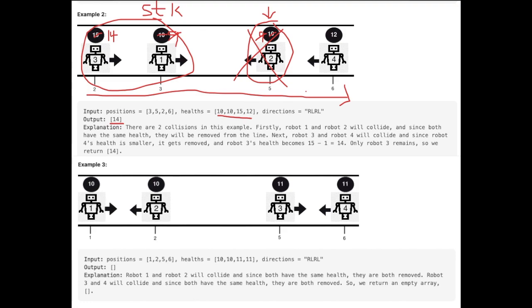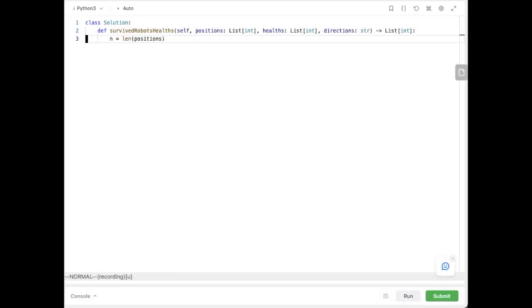Let's see how we can implement it in code. First, we're going to initialize the size of the position as n, and then in this line we try to make the position also with the index. So for example, if the position is something like 1, 2, 3, this will just become 0, 1, and then 1, 2, and then 2, 3.